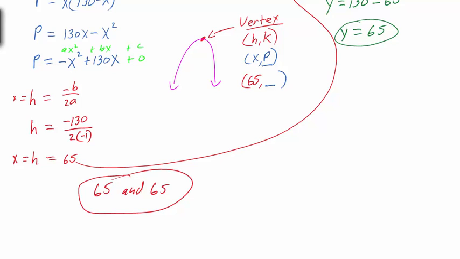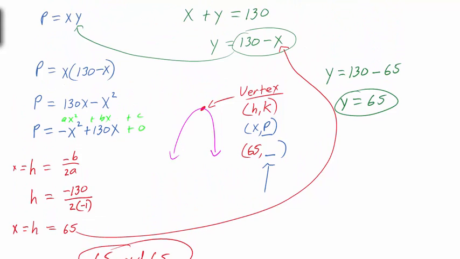Now, if we go back, we want to figure out what this value here represents with the parabola. You have to realize here we're looking at two different equations. x plus y equals 130. We're looking for one number x, another number y. So we found out that's 65 plus 65. Well, over here, we have p equals x times y.